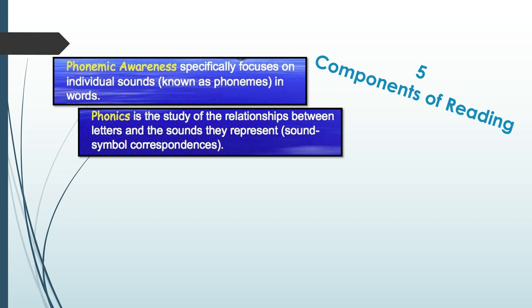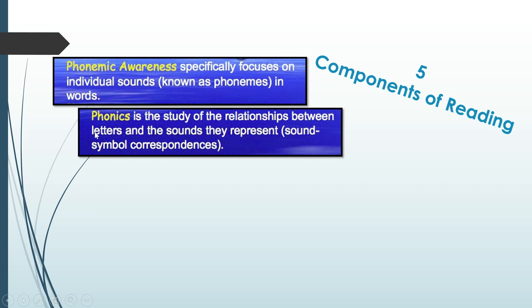But they are not written in the same way in Chinese, in Japanese, in Urdu, in French, in Korean. Whatever languages there are in the world, the sound would be the same in the mind. The m sound exists in almost all languages, but how one writes it, what symbols are used, will be different in different languages. So phonics is the study of the relationships between letters and the sounds.